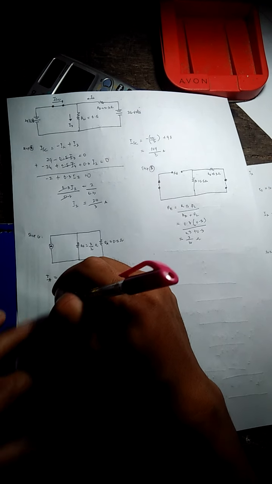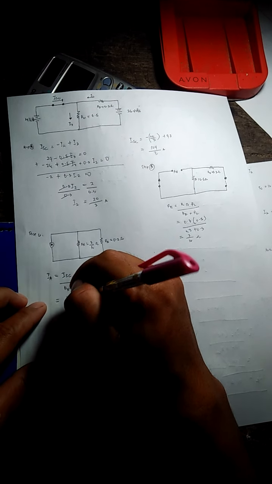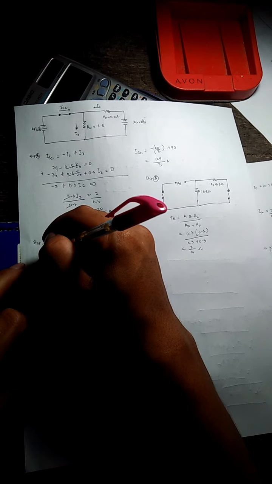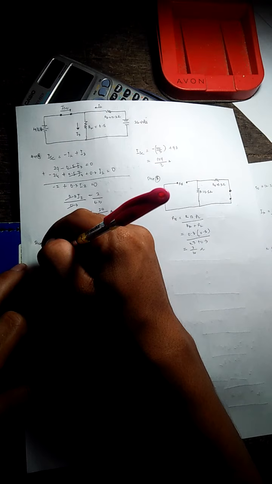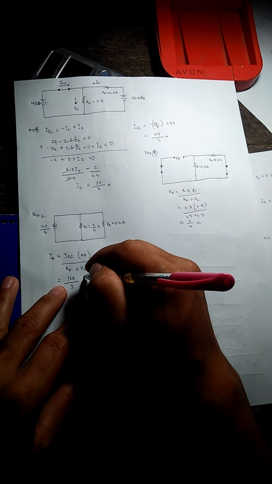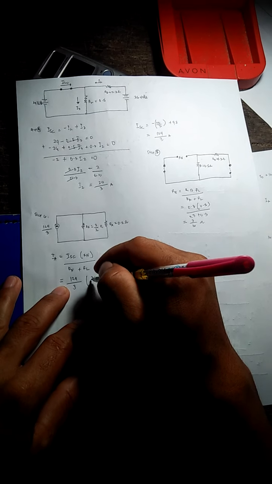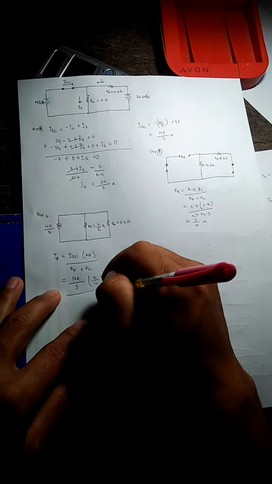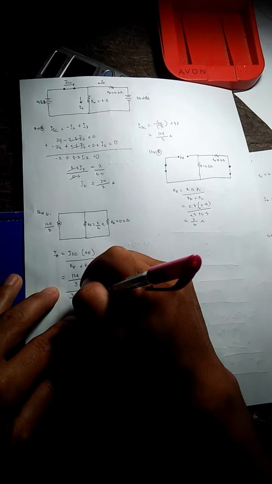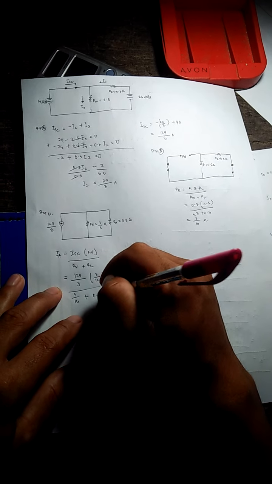So directly substitute the given. 124 over 3 is our ISC, times Rn, which is 3 over 16, over 3 over 16 plus 0.2.